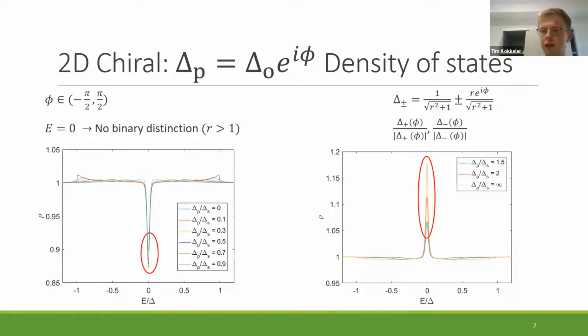One is attained if r is smaller than 1, that's s-wave component is dominant, the other if r is larger than 1, so p-wave is dominant. However, for the chiral case, we see that these functions become rather complicated functions of r and phi. So for each r, it will be a different function of phi. And therefore, you see that it actually really depends on the actual ratio of delta p over delta s. It's not robust against the inclusion of the non-dominant components.